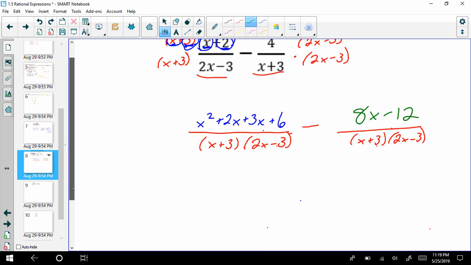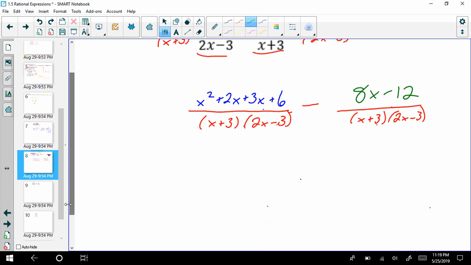And now the whole purpose why I got a common denominator is so that I can write this as one fraction. So I'm going to write it as one fraction now, and I'm going to combine like terms.